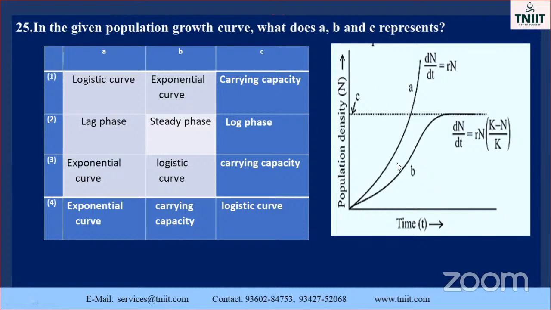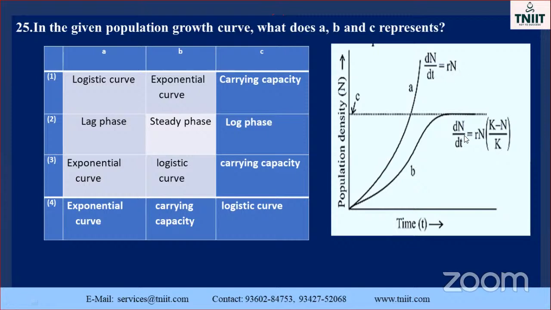The given graphical representation has two types of curve. One is called a J-shaped curve, and another one is called the S-shaped curve. The J-shaped curve is denoted as the exponential curve: dN/dt equals rN.